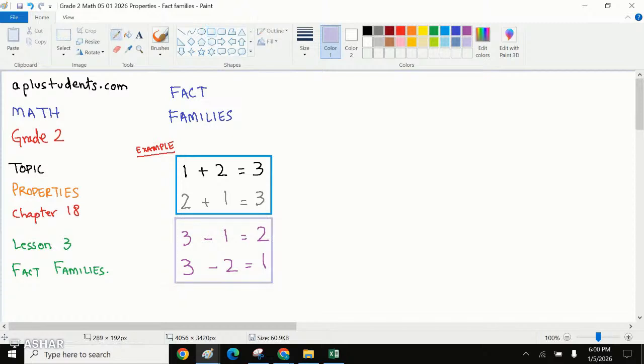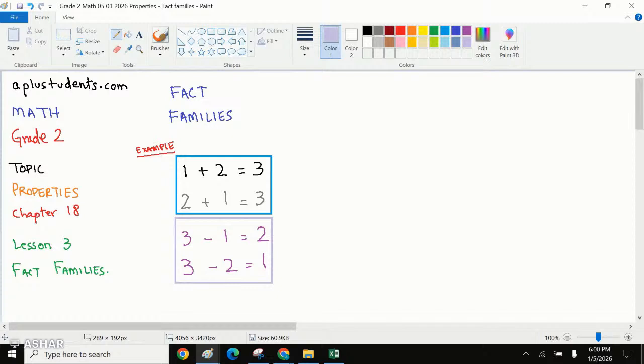If two numbers are added together, they give the result. 1 plus 2 will give 3, or 2 plus 1 will still give 3. But if we are looking at the subtraction sentence, then 3 minus 2 would be 1, or 3 minus 1 should always be equal to 2, because the sum of the two smaller numbers would be equal to the larger number, right?